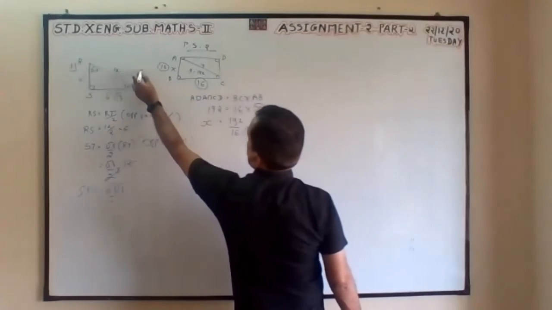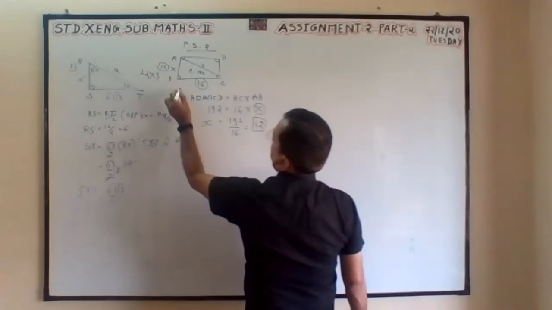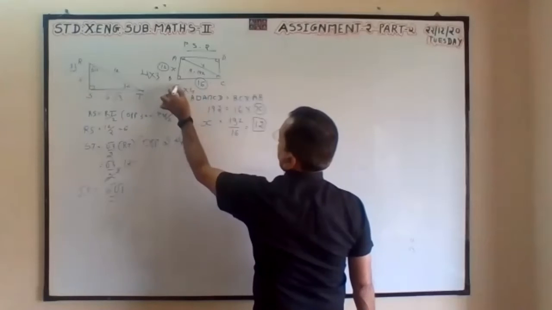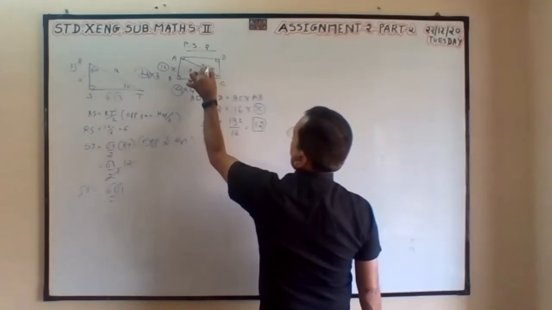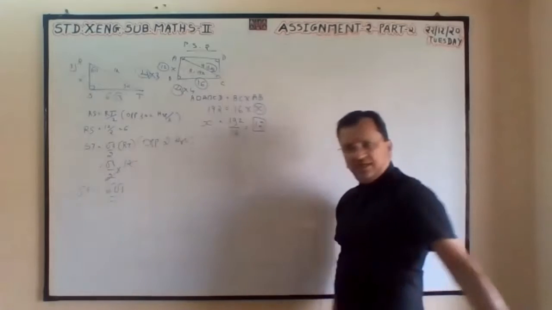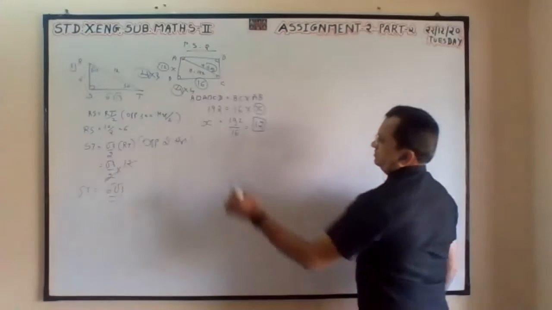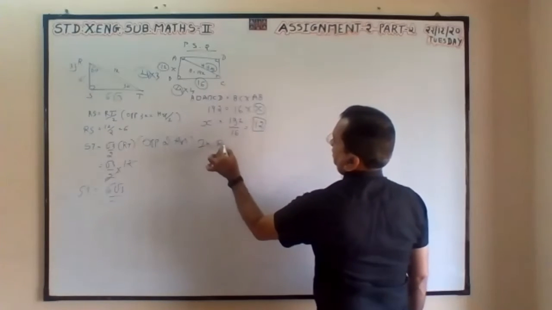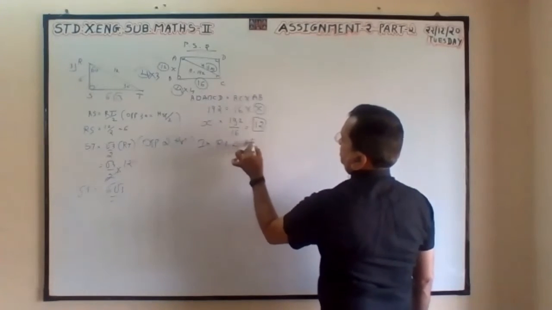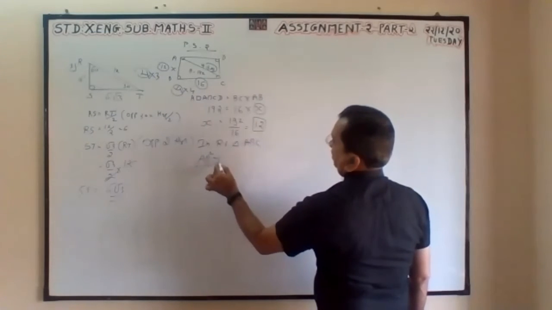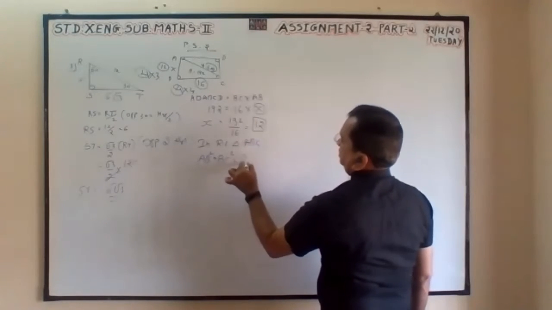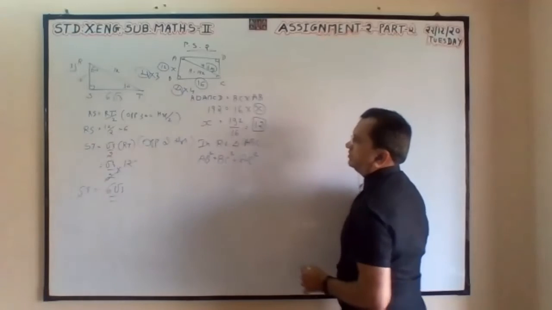This is 4 threes, this is 4 fours. 4 is common, 3, 4, 5. 4 fives are 20. So it should be 20, but we will find out. In right angle triangle ABC, AB square plus BC square is equal to AC square.